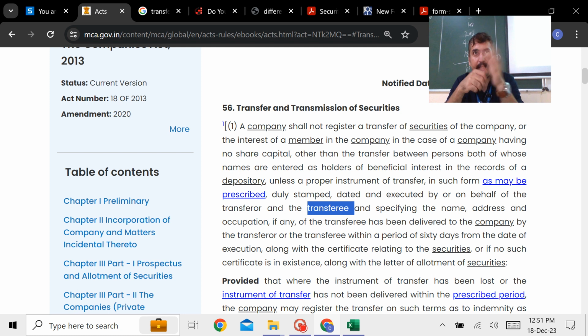And the company has to accept it. The company cannot say that as it is not deposited by the transferor, I won't accept it. This kind of conversation is not allowed. You have to accept, you have to accept, you have to accept. Are you understanding the point? Okay.